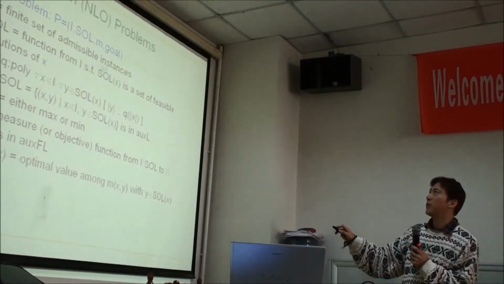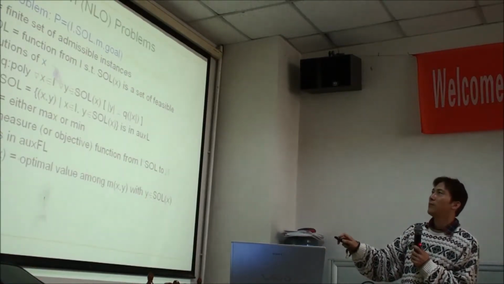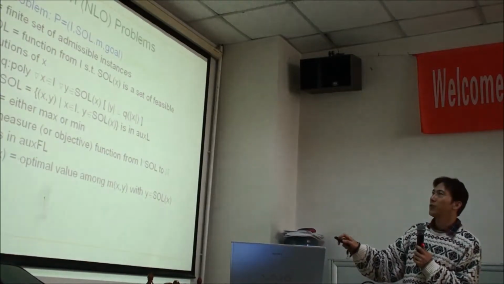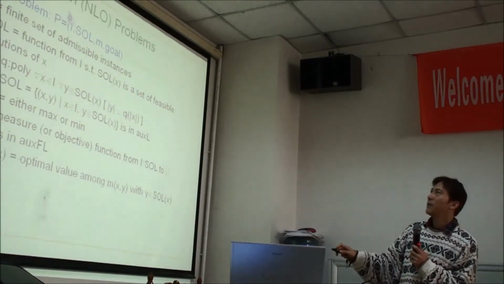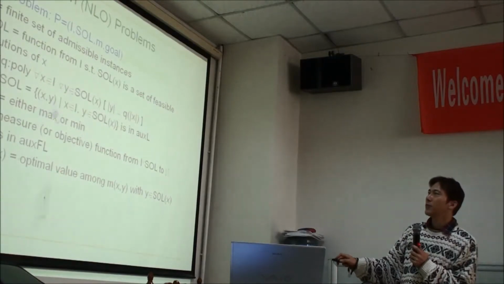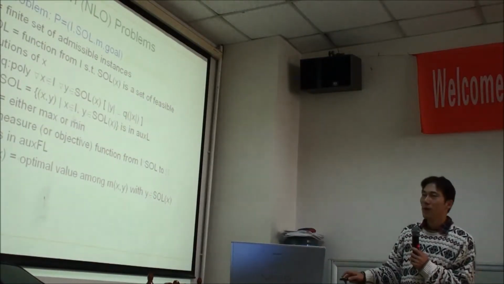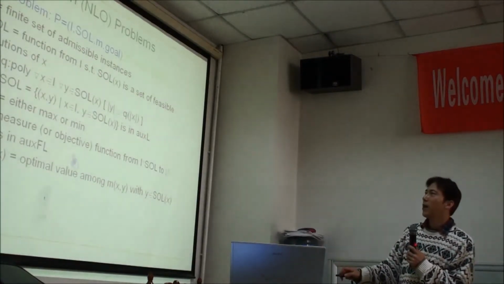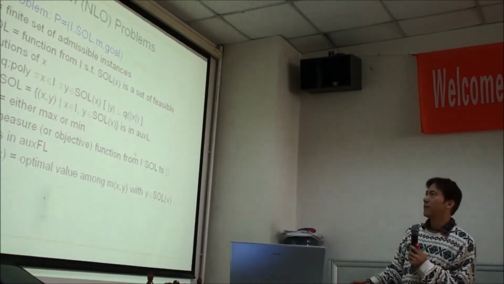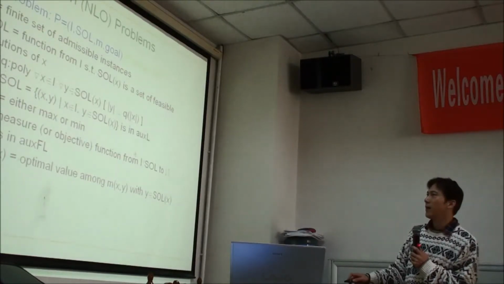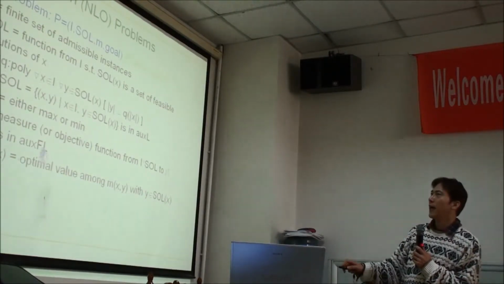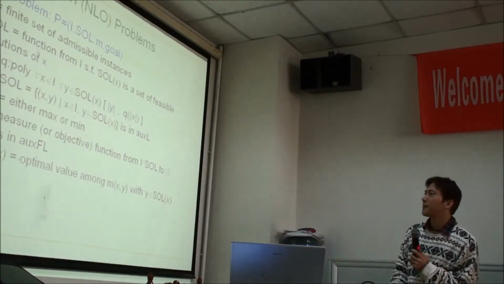We have the admissible instances, and we have a function that specifies the solutions. And we have two goals, either max or min. So we are considering either a maximization problem or a minimization problem. And we have an objective function or a measure function that assigns a number, particularly here a natural number, to each solution.